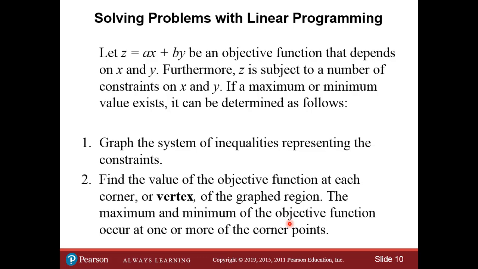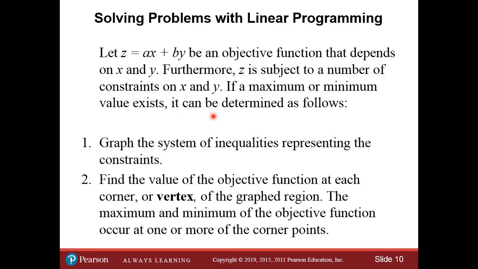Okay, so now we're going to let z equals ax plus by be an objective function that depends on x and y. And then furthermore, z is going to be subject to a number of constraints on x and y. Okay, now, if a maximum or minimum value exists, it can be determined as follows.